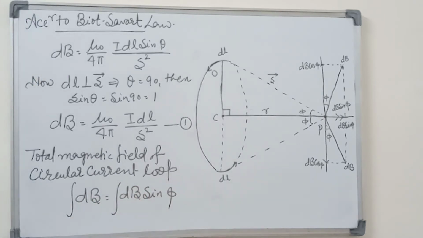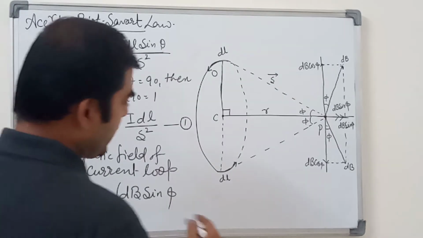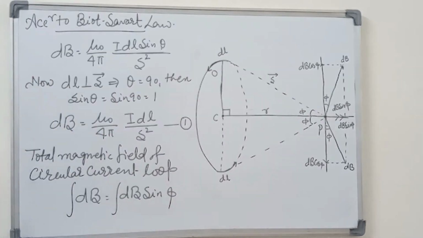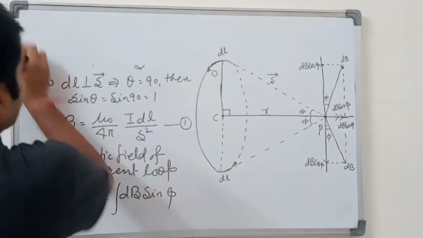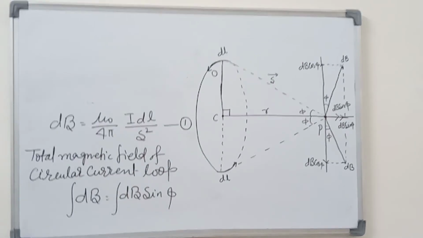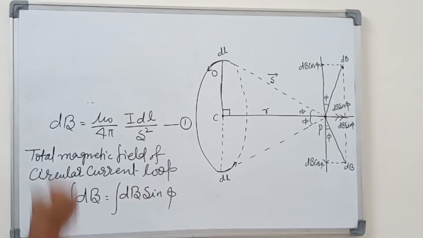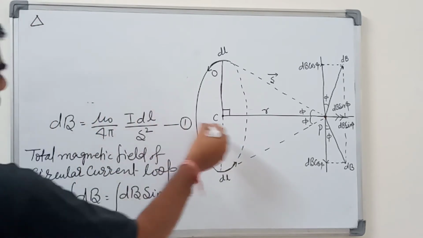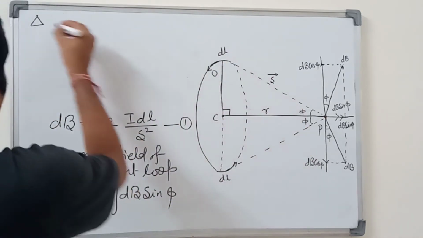Write down, all of you. The dB value is here, and the sin phi value is the angle created in triangle CPO.